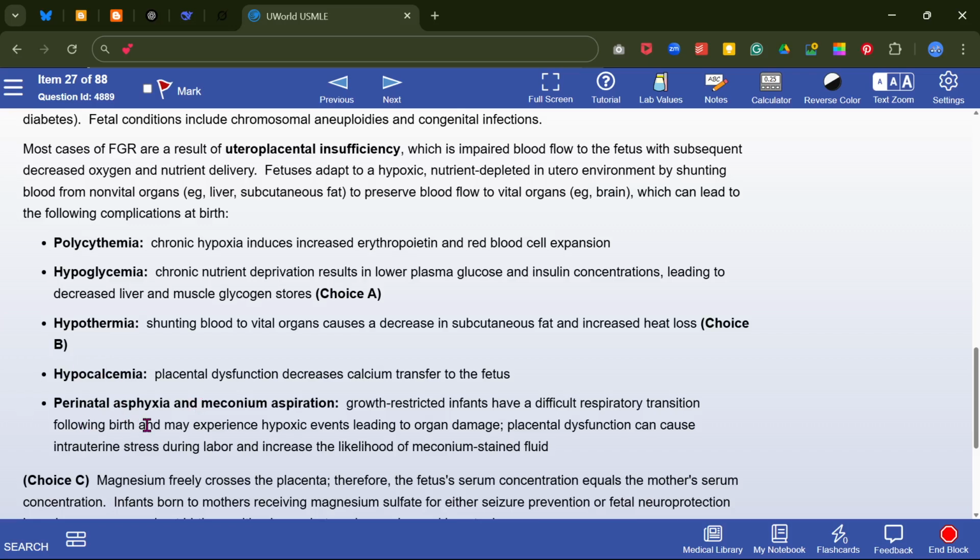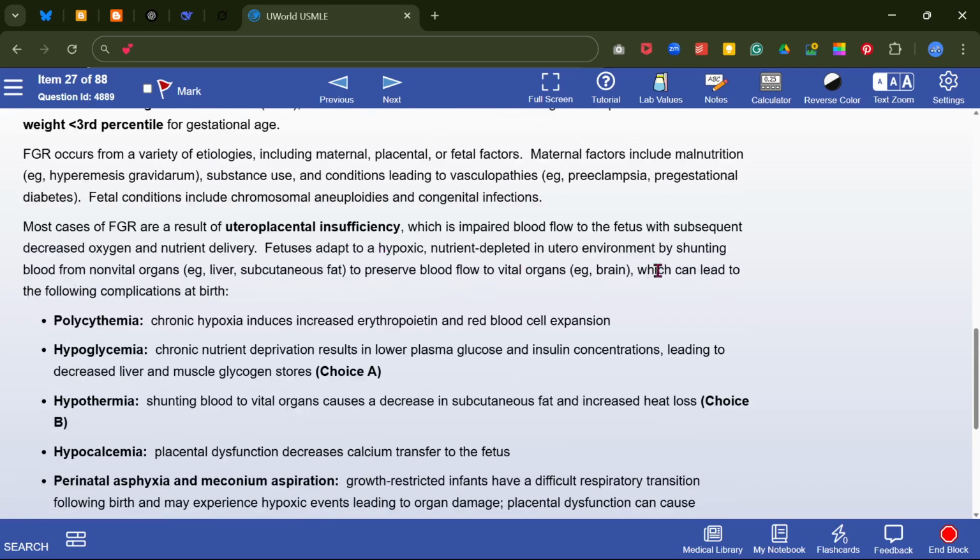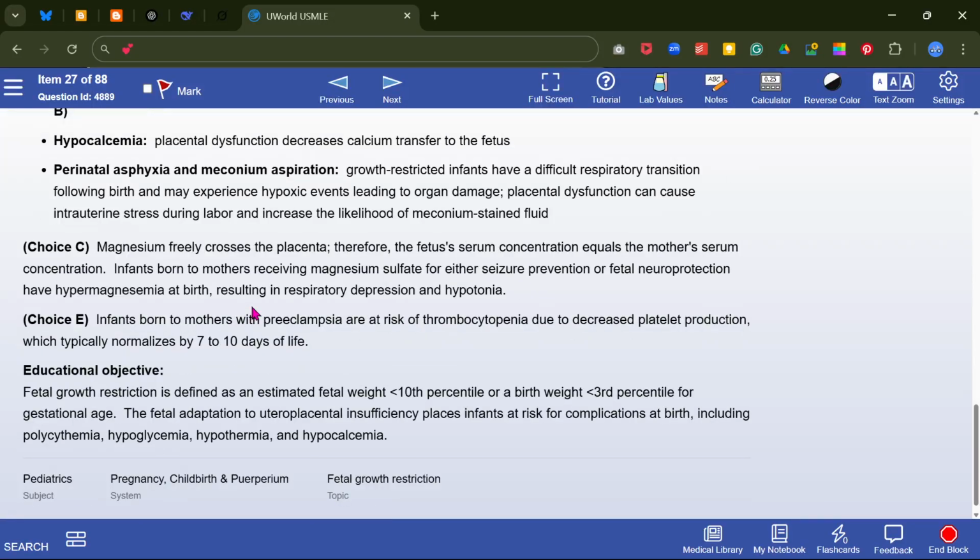It can cause hypocalcemia, perinatal asphyxia, and meconium aspiration. So these are the things that can happen as complications.